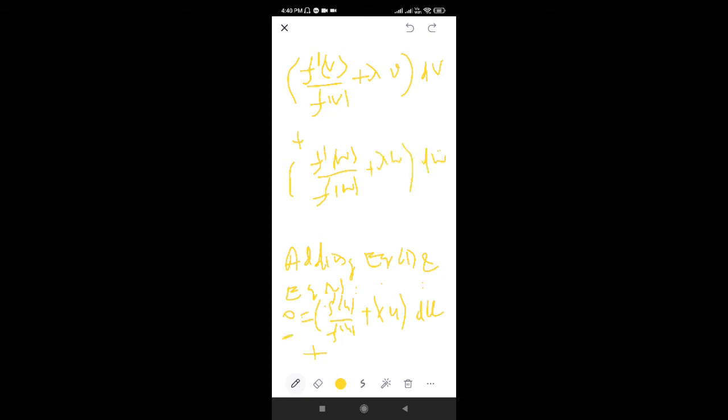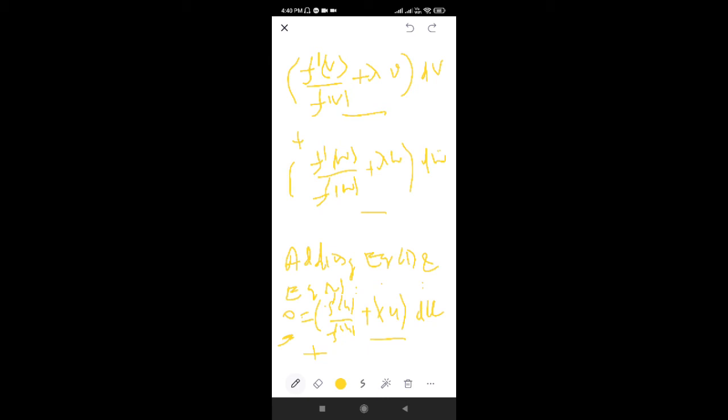This is equal to 0, as on one side you are having 0. So you got one equation. This term plus this term plus this term is equal to 0. When is that possible? v is not depending on u, u is not depending on v, w is not depending on v. These are all independent terms.